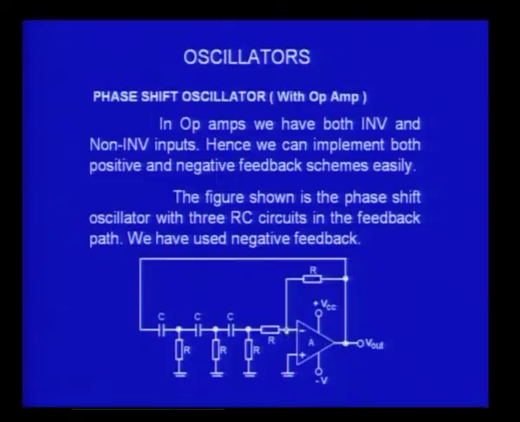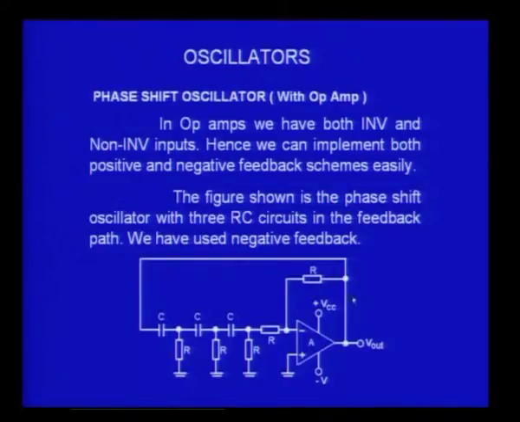So there is a 180 degree phase shift, and the output is now taken and given to a combination of 3 RC networks here, so that it provides an additional 180 degrees, and it will be in phase with the input, and then this will start sustained oscillations and you will get the output.